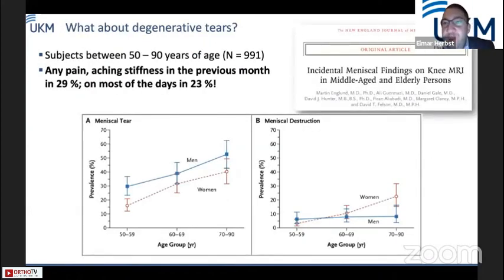So when we now look at our patients between 50 and 90 years of age, about 45% or even more have evidence for a meniscus injury if they go to have an MRI. However, only 1/3 of them really have symptoms. So the question is, do we really treat meniscus tears in this age group with moderate osteoarthritis?